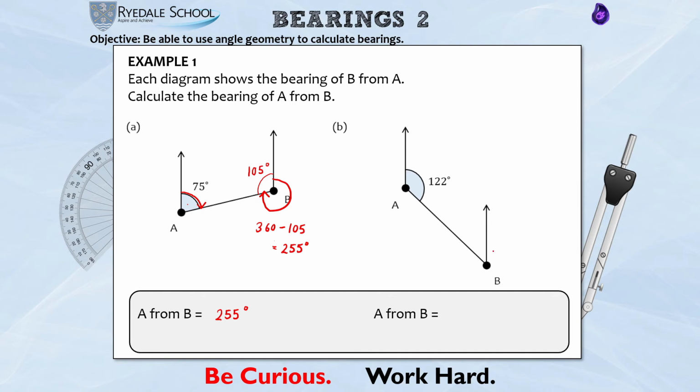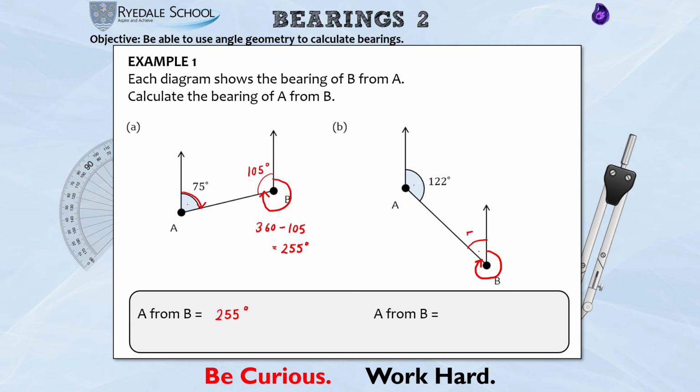Similarly, let's look at this second example. We've got an angle here of 122 degrees. I will use the same method as I've just explained. If I want the bearing of A from B, I need all of this angle round clockwise. These two angles are allied, so must add up to 180 degrees.